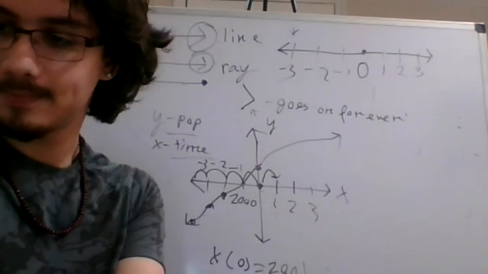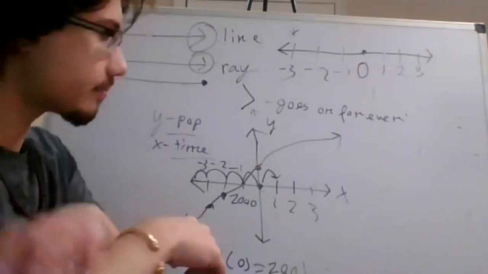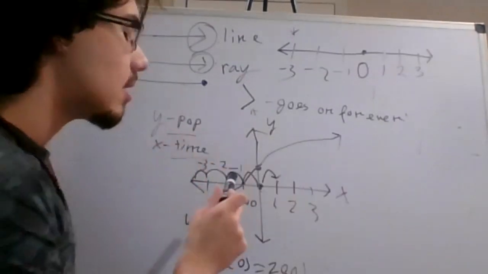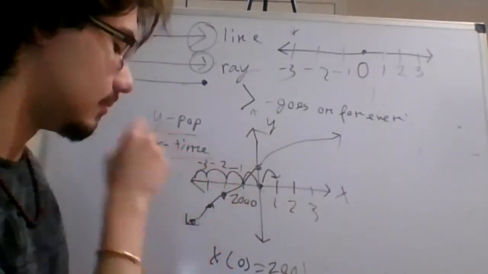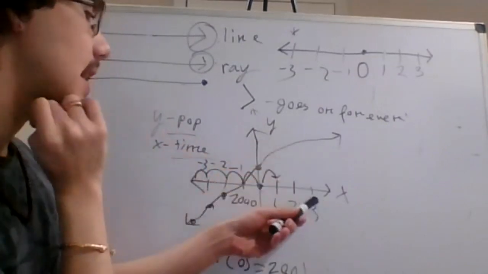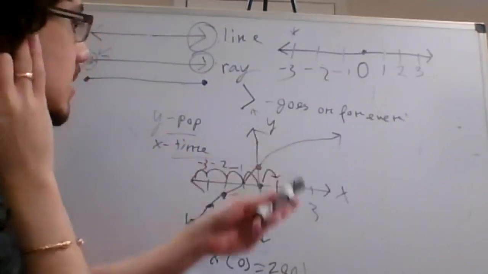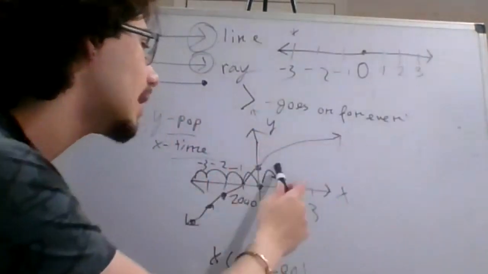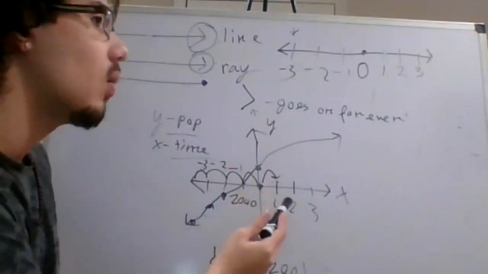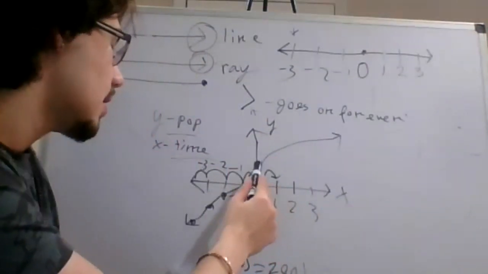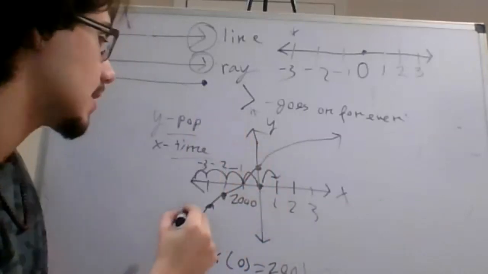So what this tells us is that with the y-axis and the x-axis, the functions not only tell us what we can predict in the future, but can also predict functions in the past.